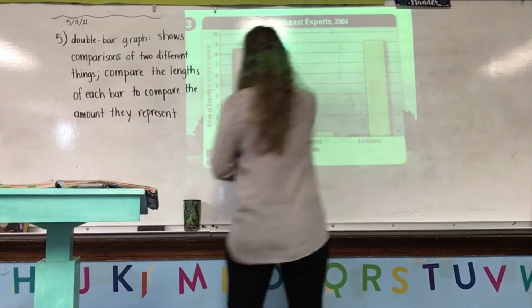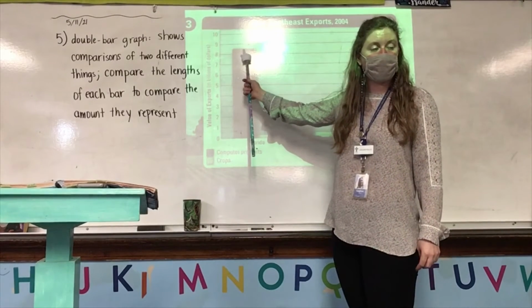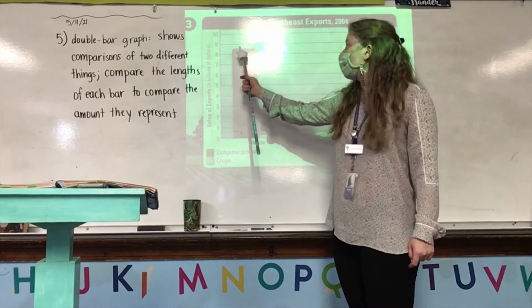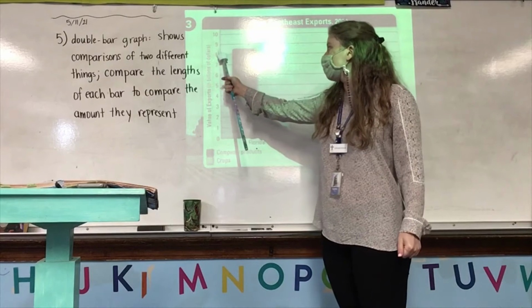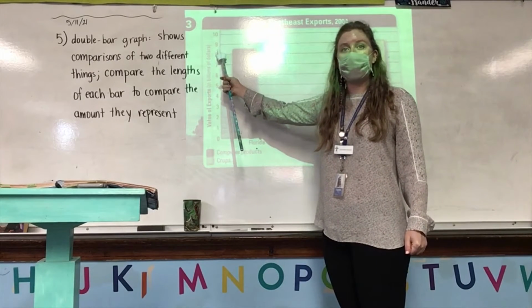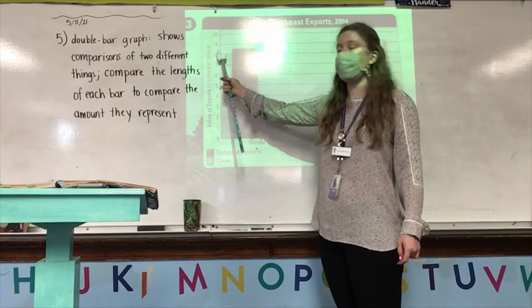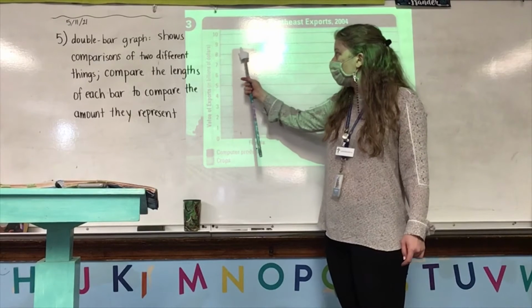So we put our finger at the top of the bar. We're looking at how much money Florida made in exporting computer products. We put our finger at the top of the red bar for Florida. We move to the left. And Victoria, about how much money did Florida make off of exporting computer products in 2004? 8.5 billion.